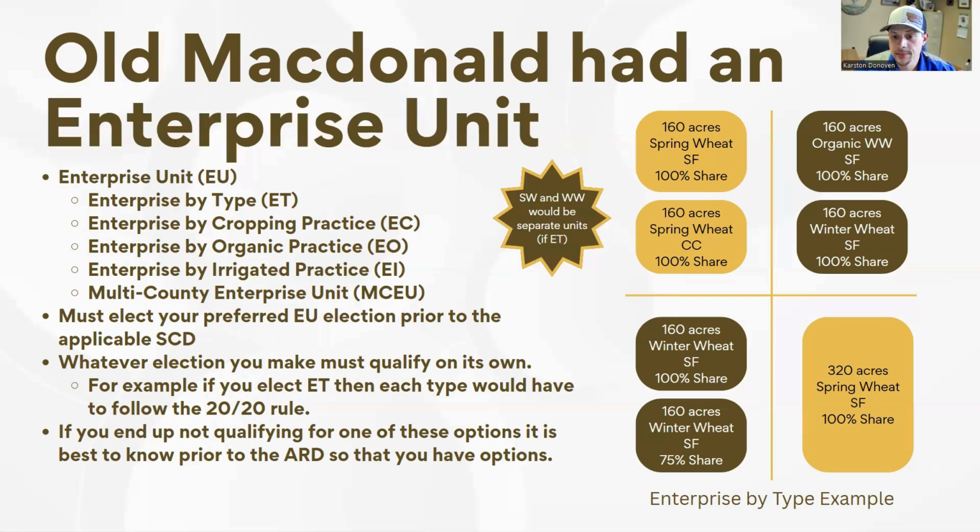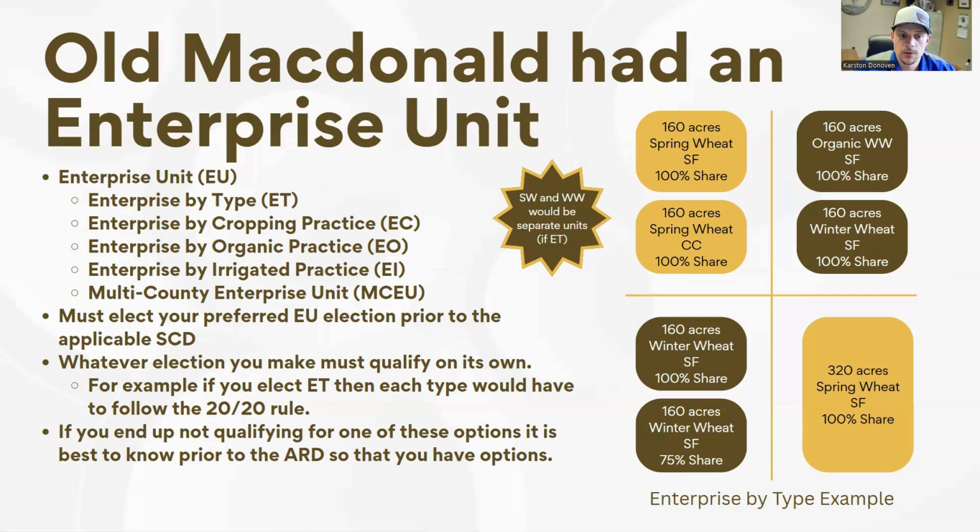So if we take a look at the example on the right, if we were just looking at it as an enterprise unit, all of it's the same unit. But because we elected enterprise by type, we can separate out the winter wheat from the spring wheat. So anytime that you can condense that to less spread out, the better coverage you have.